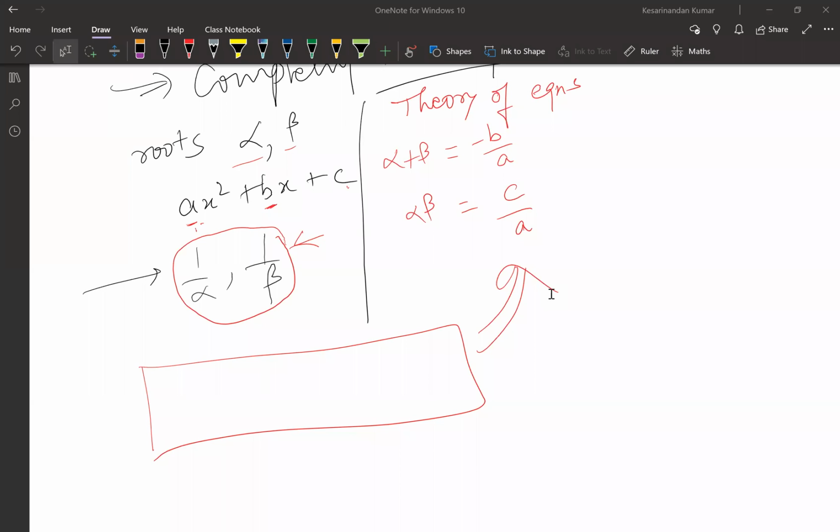Angela, I don't want the roots. I want the quadratic equation. Yes, Manideep, correct.